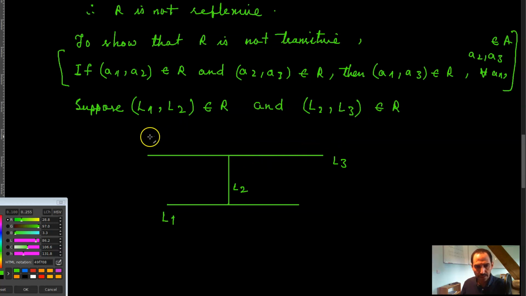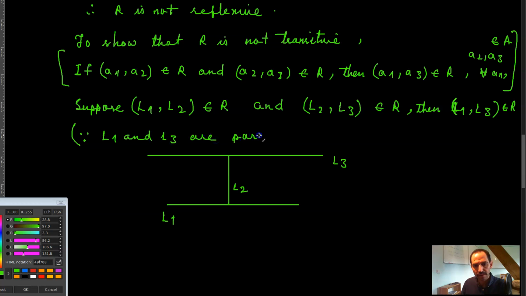So in this situation, L1 comma L3 does not belong to R, because L1 and L3 are parallel lines, right?